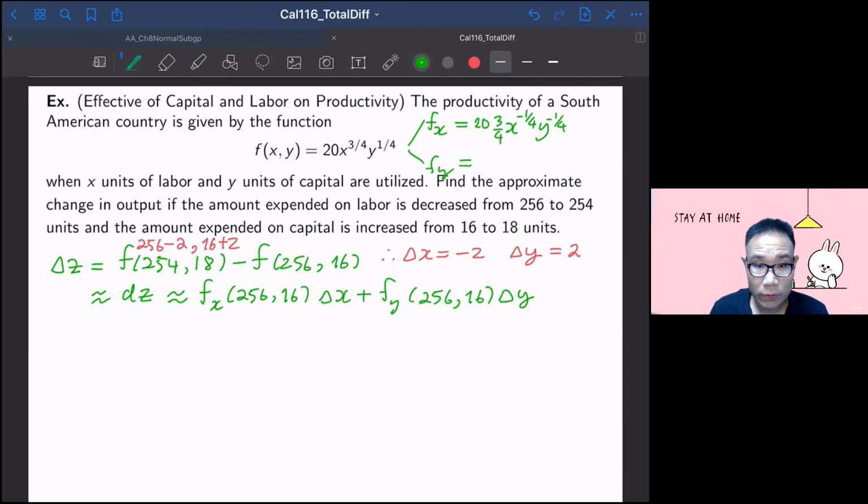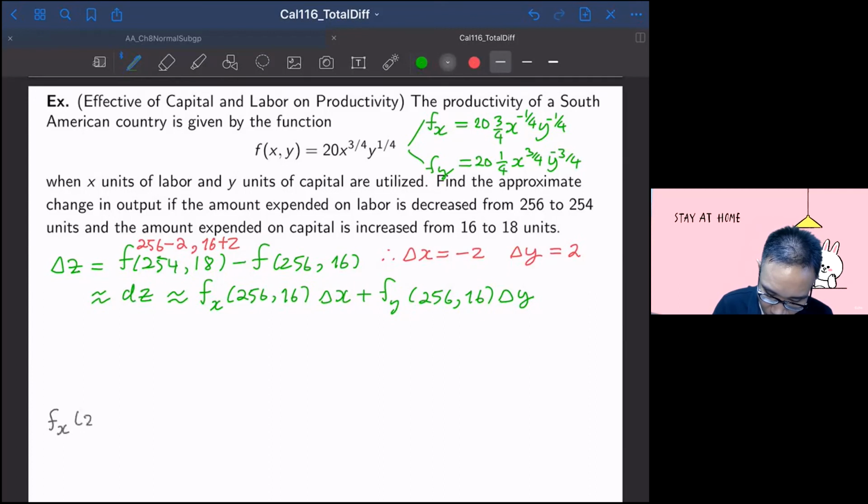And the partial derivative with respect to y will be 20 times 1/4, x to the 3/4, y to the -3/4.